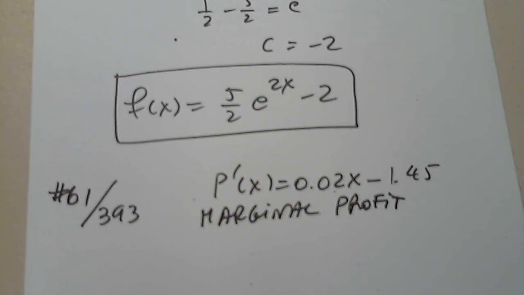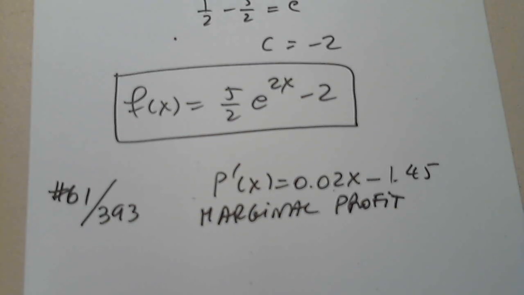It's in hundreds of dollars per unit because it's a rate of change. It has two measurement units: hundreds of dollars per unit from selling x parachutes. Find the total profit function P, assuming P of 0 is 0. This is the initial condition.